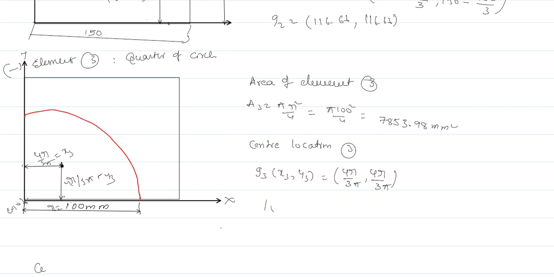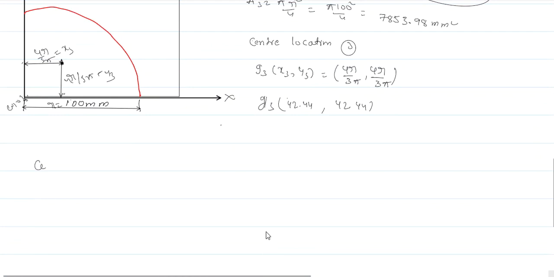So G3 is equal to 4r by 3 pi, where r is equal to 100. So 400 by 3 pi, you will get 42.44 comma 42.44. Here r is equal to 100 mm. Remember, that is the given value from the actual shaded area figure. You can observe the figure, you will get the value.